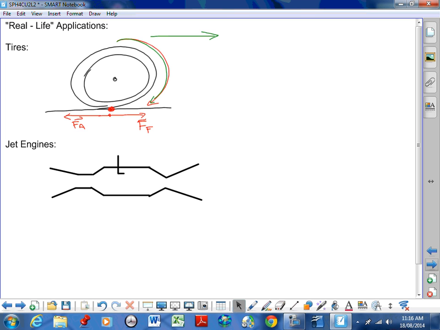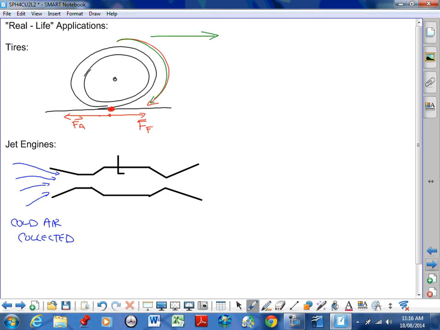Okay? Another one's jet engines. So here's how a jet engine works. In general, it's not a terribly precise schematic here. So we have cold air collected. Cold air comes in the front of the jet engine. It's collected.